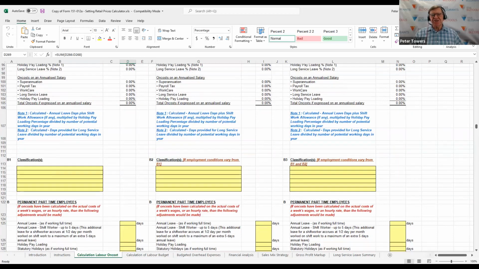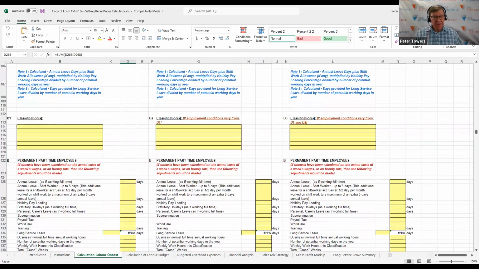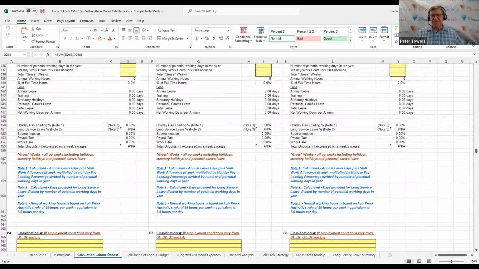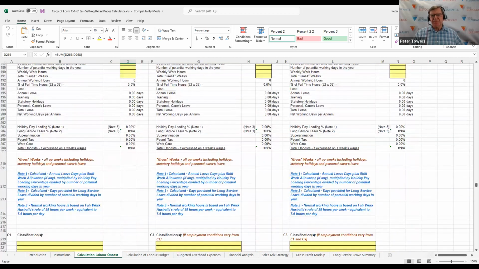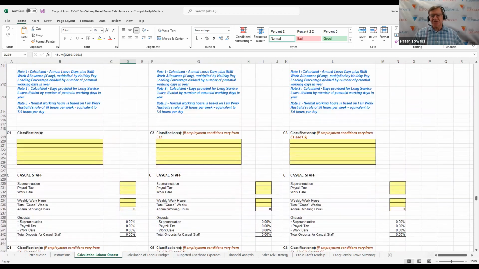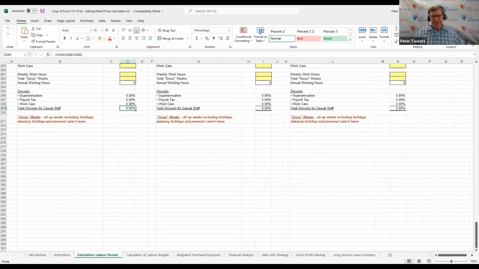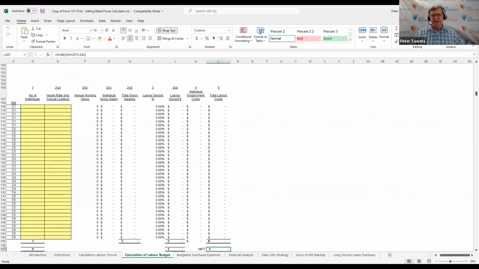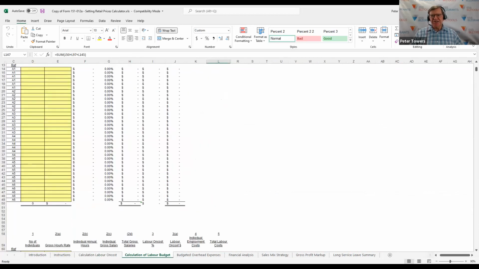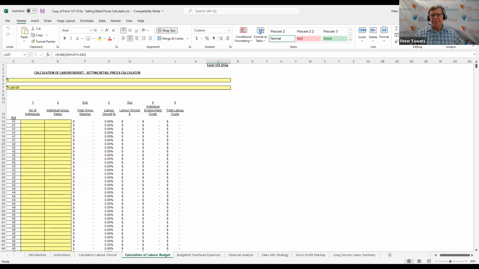We've then got provision for permanent part-time employees. It's basically the same thing. And then we've got provision for casual staff so that all of that can be calculated. And that is then reflected. The system automatically transfers much of the information. You have to insert the information in the yellow columns.